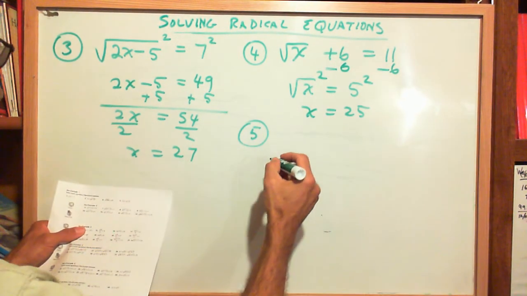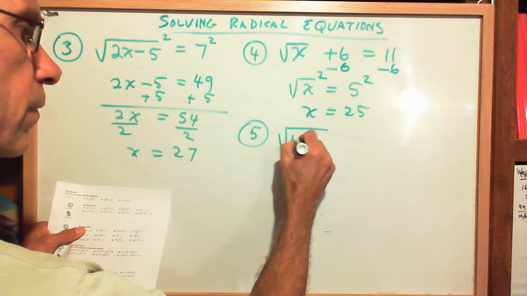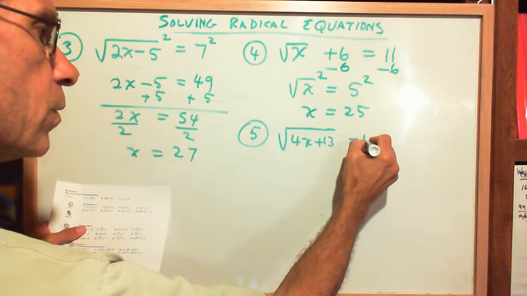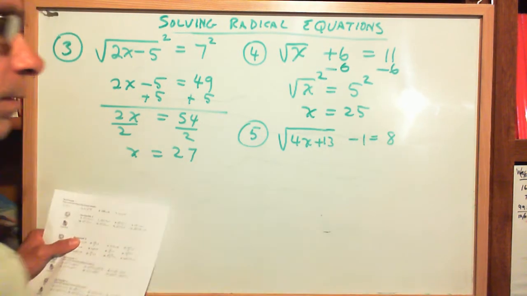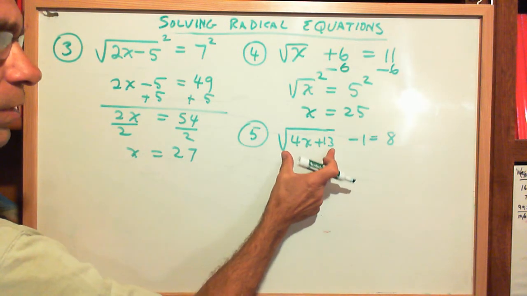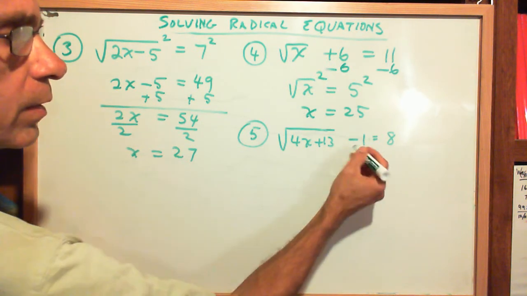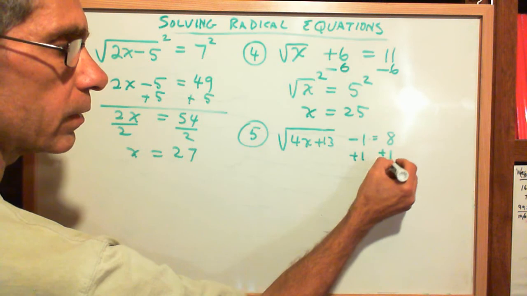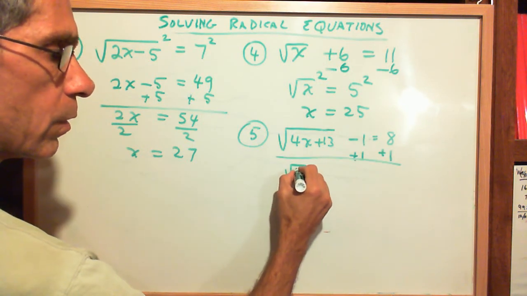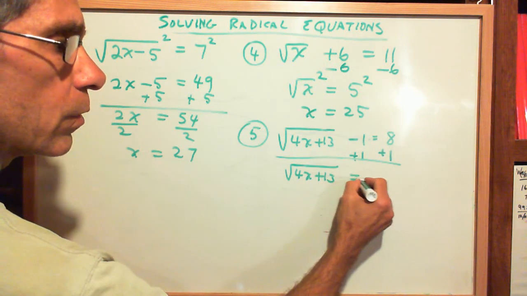Alright, so let's try this one. The square root of 4x plus 13, and then it says minus 1 is equal to 8. Okay, so again, is that isolated? Is there nothing else on this side of the equal sign other than this? No, this doggone negative 1 is in the way. So I'm going to add 1 to both sides, and that's going to give me the square root of 4x plus 13 equals 9.